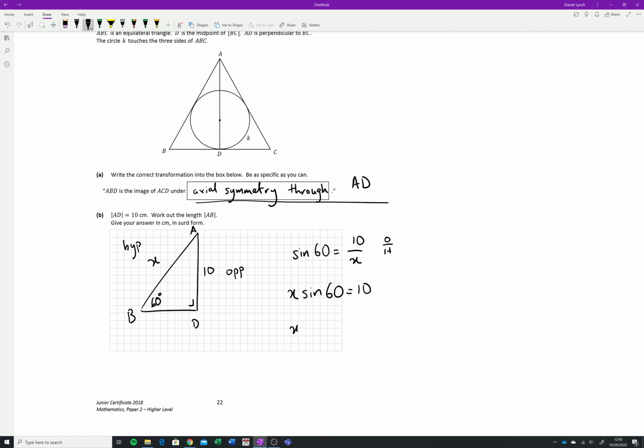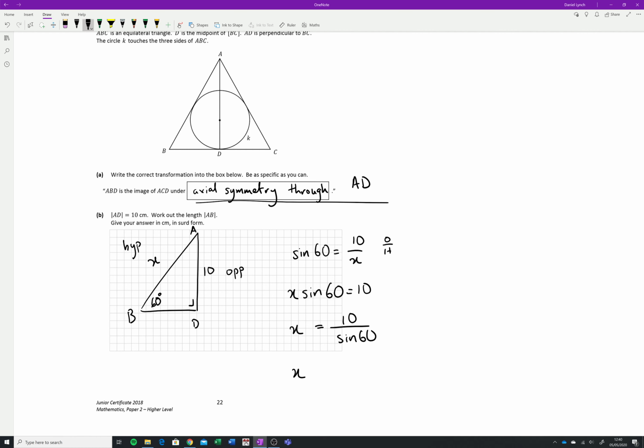We're trying to find out what x is, so we're going to divide both sides by sine 60. And you can just go to your calculator for that. Just make sure that you're in degrees mode. Okay, that there's a D on your calculator. So 10 over sine 60.